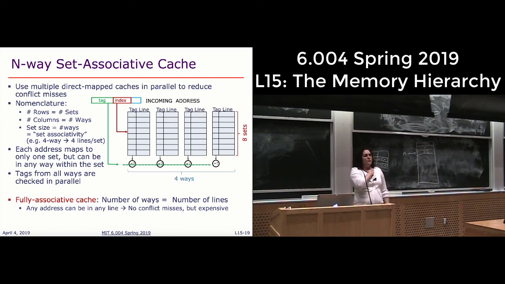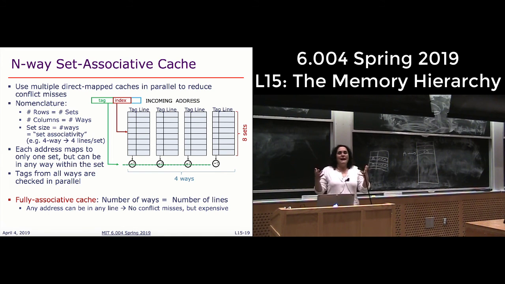Until now, we've been talking about direct mapped caches, for which, for any particular address, there was exactly one line that address could map to. Well, you can imagine a scenario where I'm trying to access two different addresses at the same time that happen to map to the same cache line.